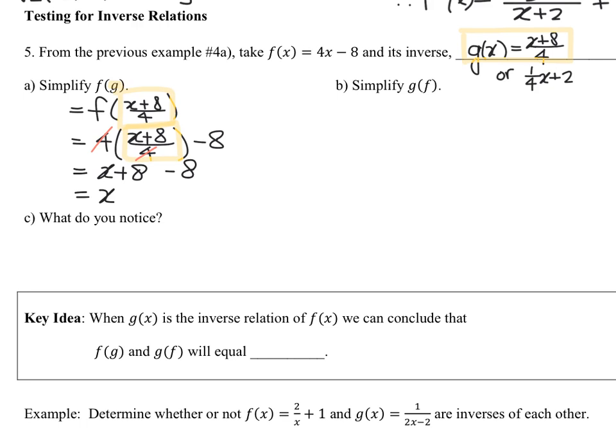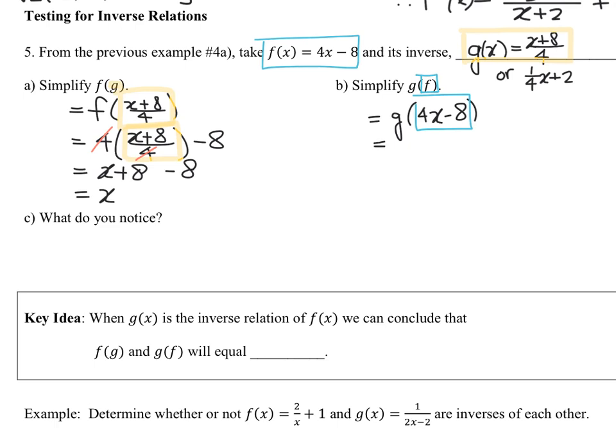Okay, now let's do that the other way around and see if it gets us the same result. Okay, so this time I want g of f of x, where f of x is 4x minus 8. So that is this f of x here. Okay, so I'm replacing f of x with 4x minus 8.